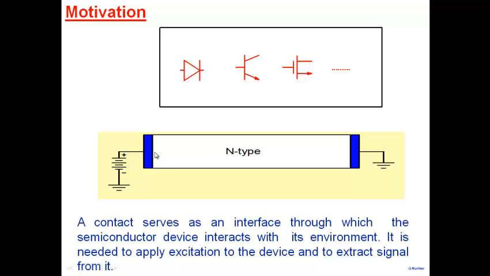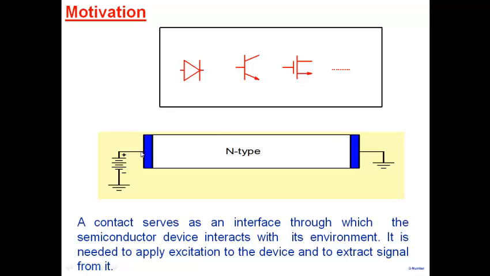In PN junction diodes, bipolar transistors, and MOSFETs, a contact serves as an interface through which the semiconductor device interacts with its environment. Obviously, if I have an N-type semiconductor and I'm using it as a resistor, I'm interested in the N-type semiconductor. The properties of the device should be determined by the N-type semiconductor.